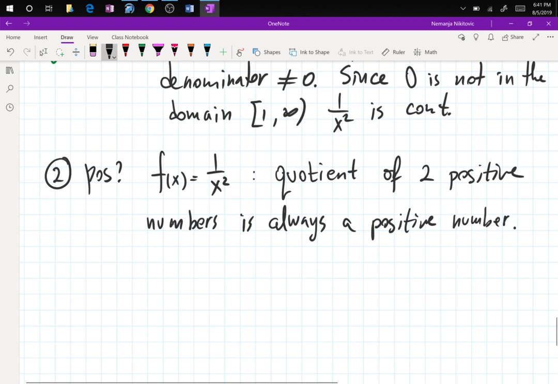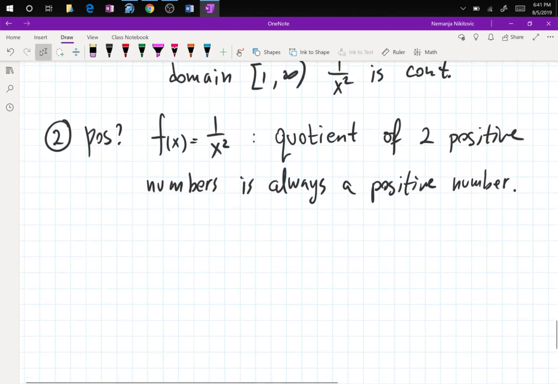Because anytime you have a number that is squared in the denominator, it's positive. Take any value, positive or negative, doesn't matter. You're just not allowed to use 0. However, we are only using as input numbers from 1 to positive infinity. So any number you square is still positive, then 1, which is positive, divided by whatever you have, which is always positive, is going to be positive. So we just checked off number 2. Number 3, is it decreasing?